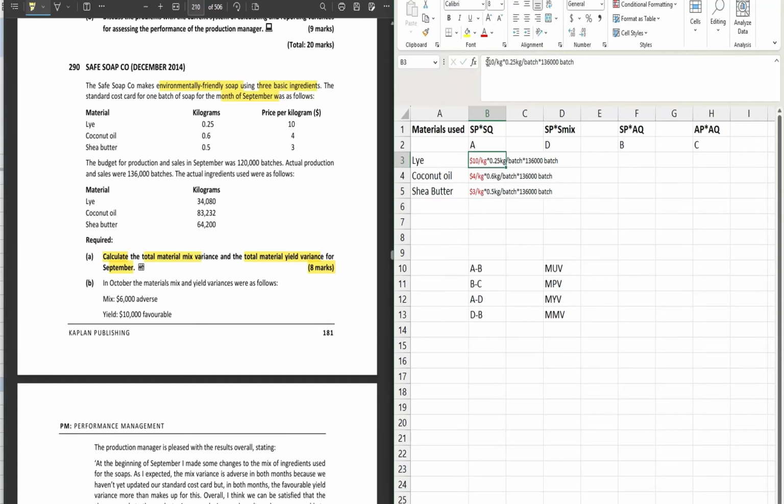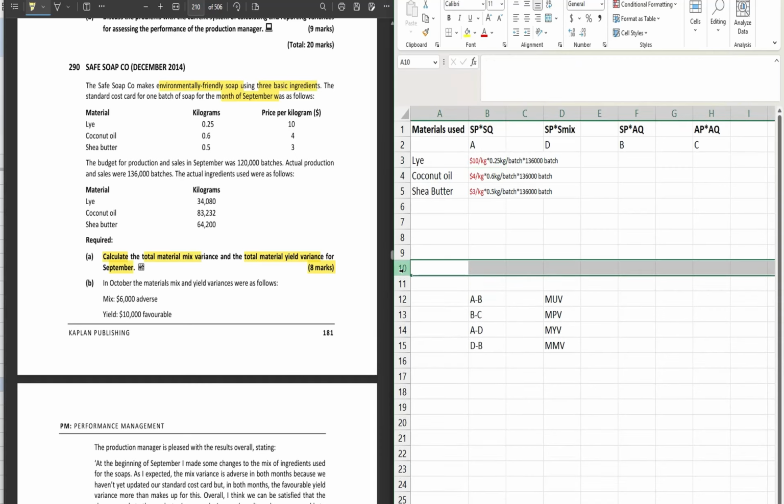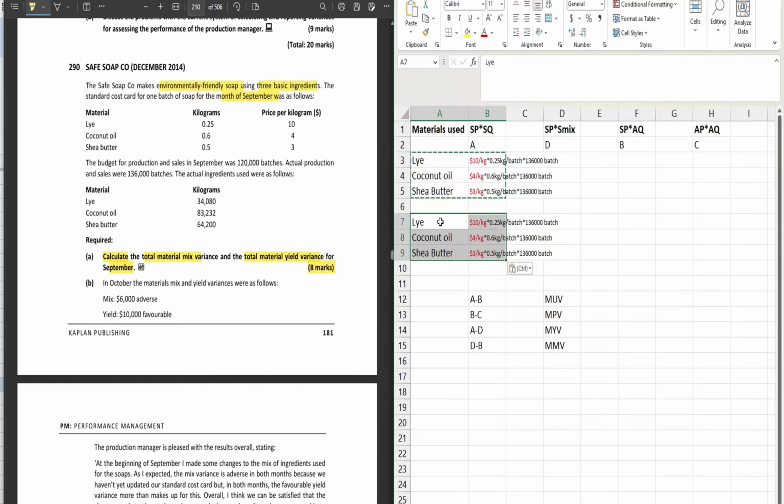So now let's have it equal to here. Okay, it's my fault. So 10 into 0.25.